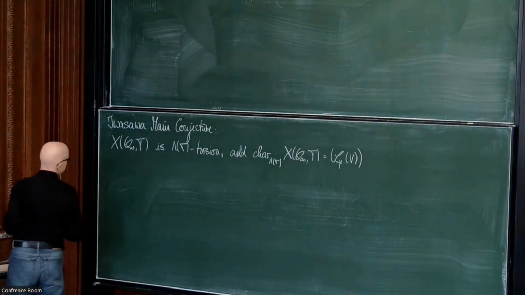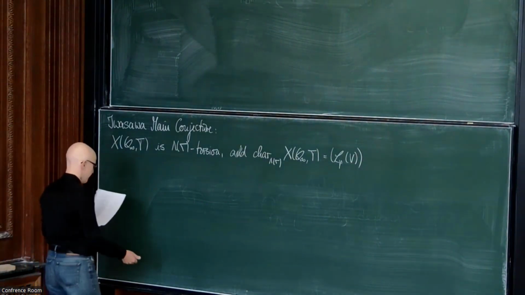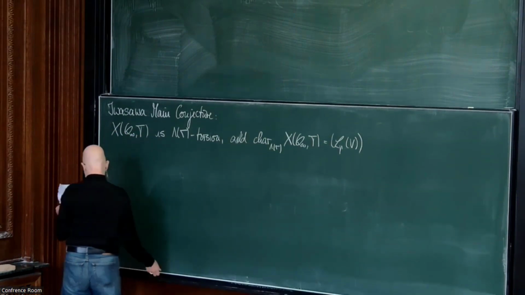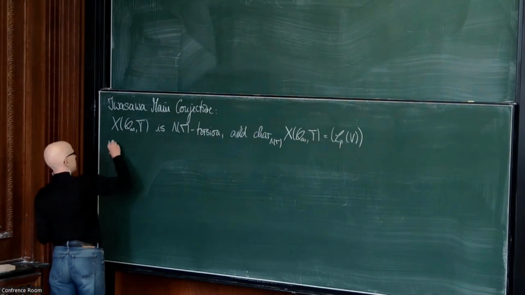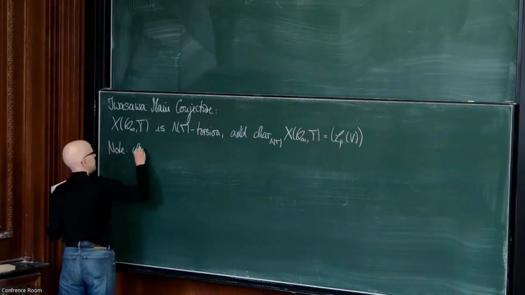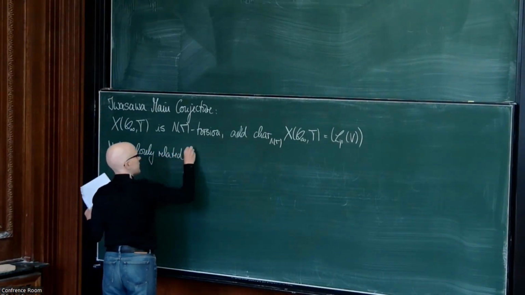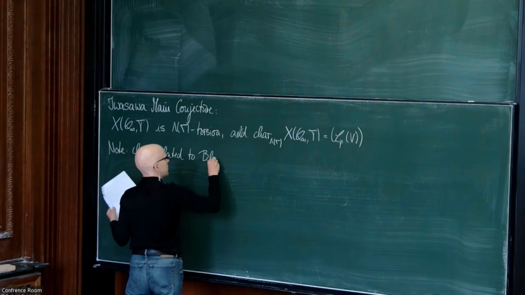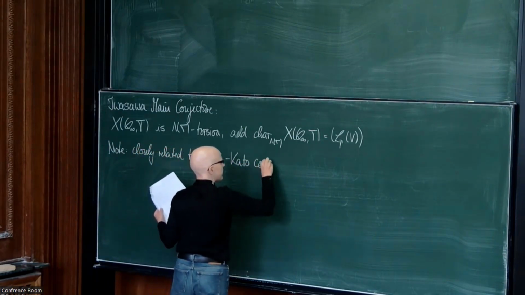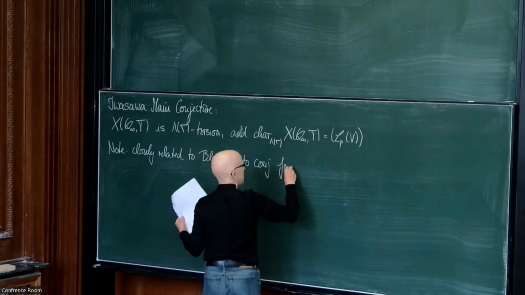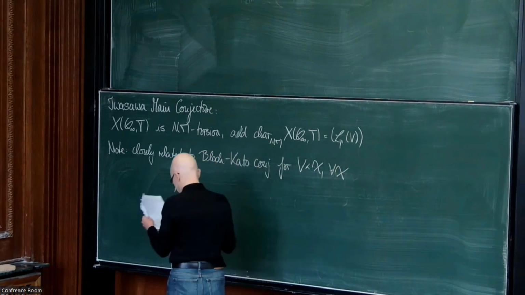If one can prove this conjecture, it has applications to the Bloch-Kato conjecture for V twisted by any character chi as above. So let me just remark, this is closely related to the Bloch-Kato conjecture for V twisted by chi, for all chi as above.